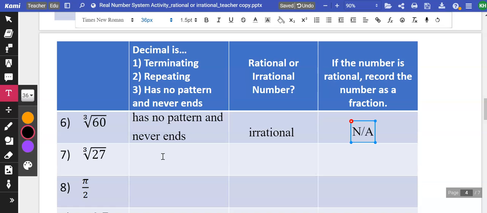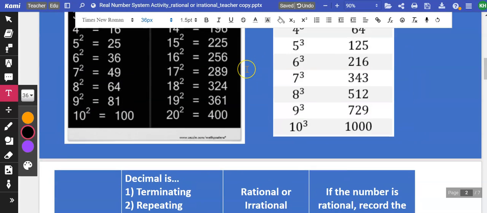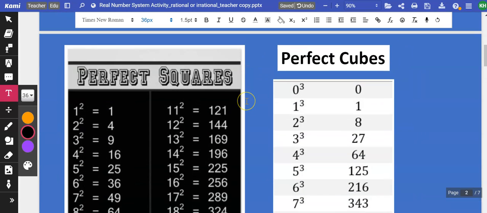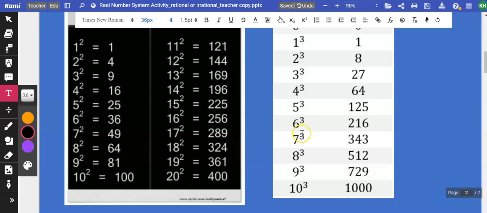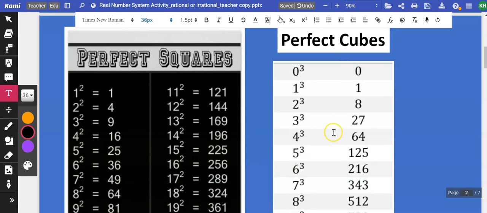All right, the cubed root of 27. The hope is that you already have your perfect cubes and your perfect squares memorized. Personally, I wouldn't go back and look at the chart because I would just remember my perfect cubes and perfect squares, but this is here in case you don't have these memorized yet. So 27 is a perfect cube. So when you take the cubed root of 27, you'll get an integer, 3.